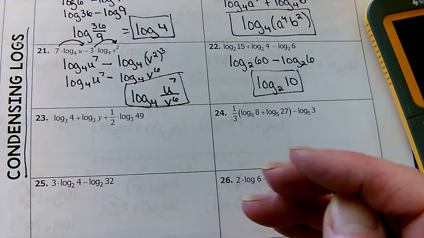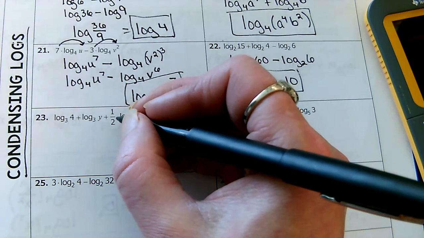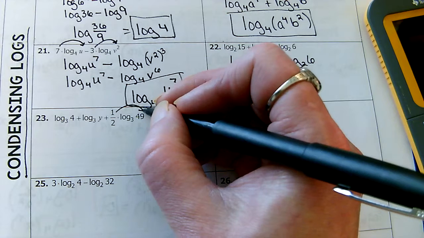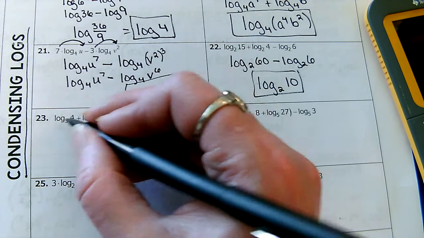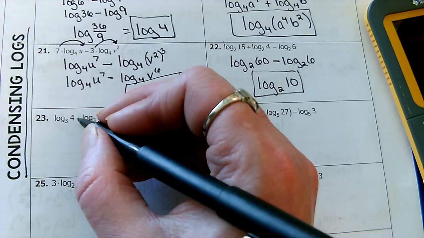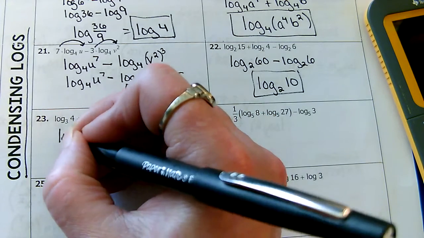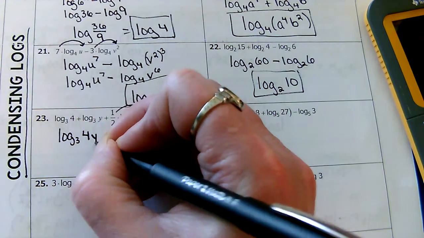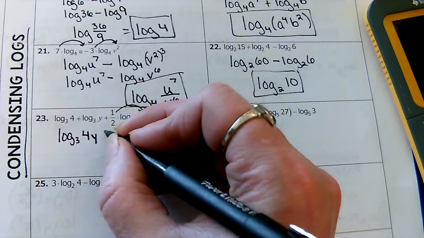I see an exponent, or what will be an exponent. So I see this number in front. That's going to come up here and become an exponent. But order of operations says I'm going to do these two first anyway, and they're being added. So that means I'm going to multiply them together. This becomes an exponent, and let's think about that.